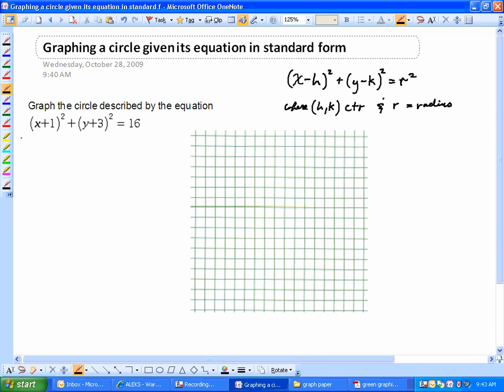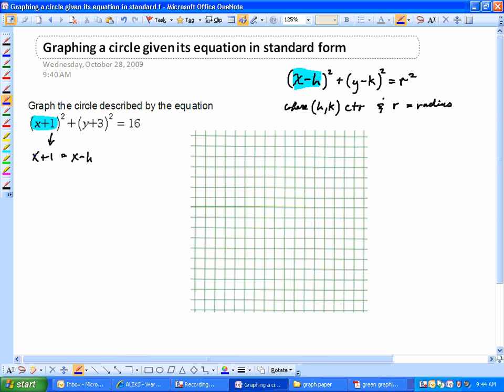So basically, if they're giving you this equation, you see that this term here, this x plus 1, correlates to x minus h over here. So right now it's got a plus, and this has a minus. You can think of this two ways.